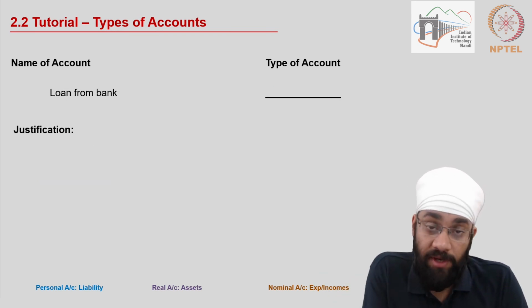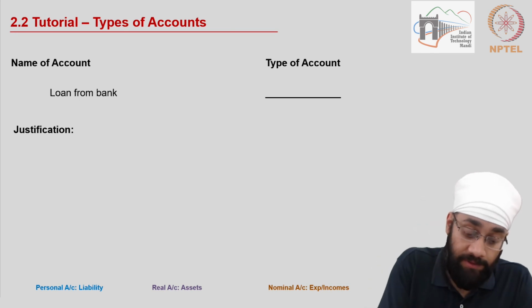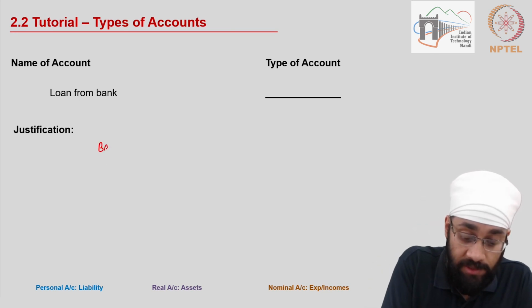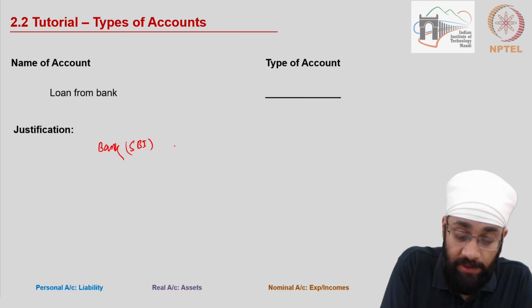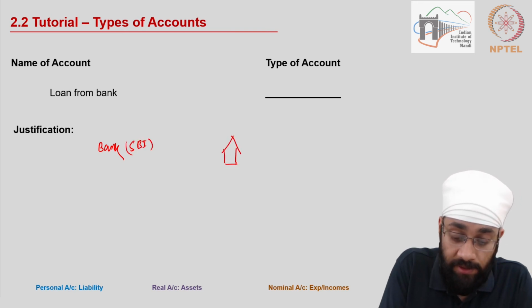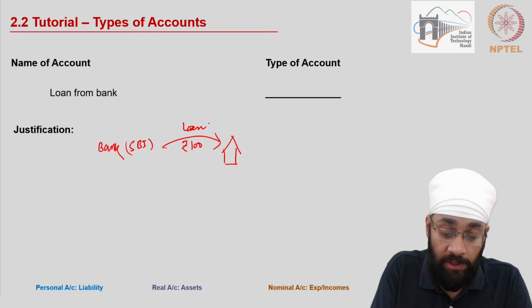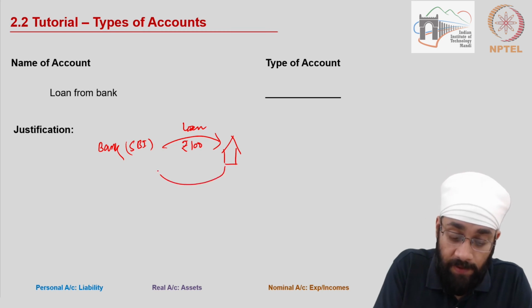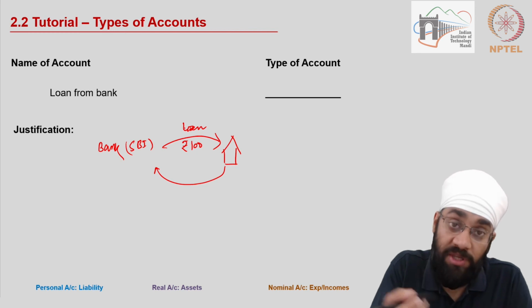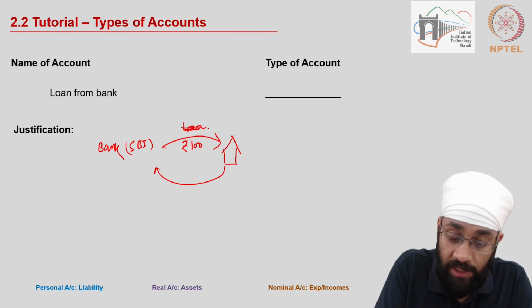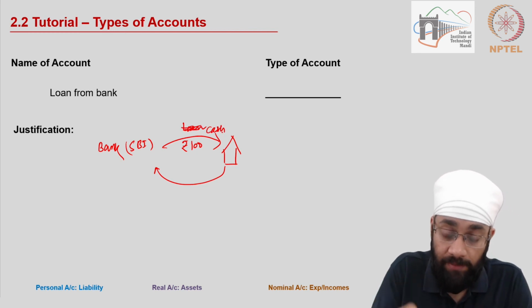Then you have the loan that you've taken from the bank. Now there is a bank, let's say State Bank of India, and the business takes a loan. So there is a loan, let's say 100, that has been given. When the loan has been given, effectively what the business gets is cash, or the bank balance.